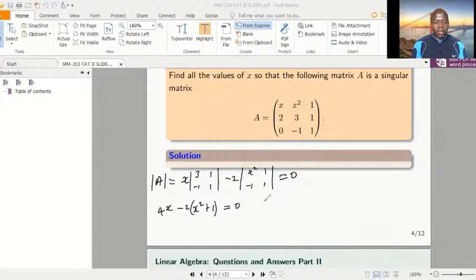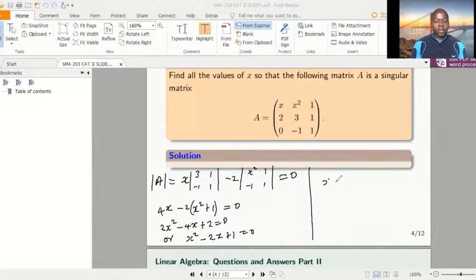So this becomes 2x squared minus 4x plus 2 equals 0, or x squared minus 2x plus 1 equals 0. This is a quadratic equation which we can solve by either factorization or the quadratic formula. When you do that, you find that x is 1.